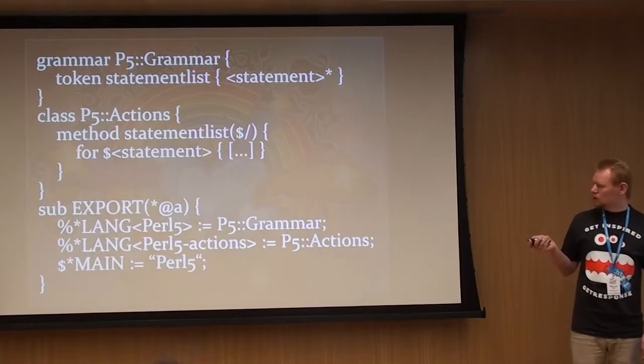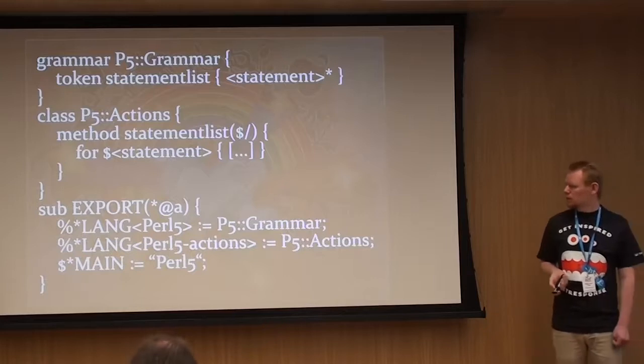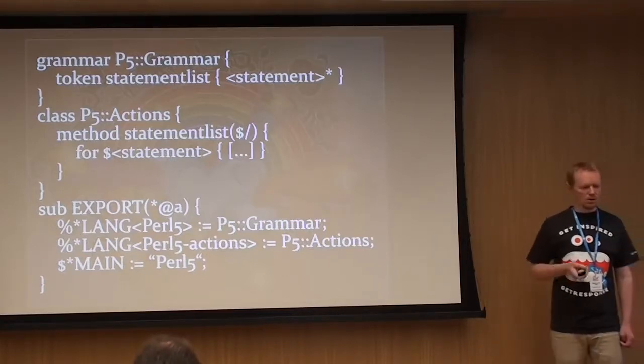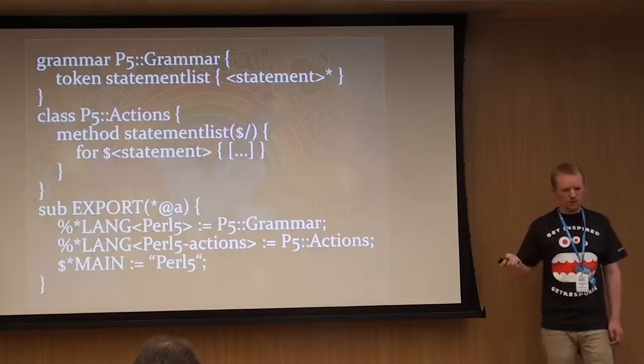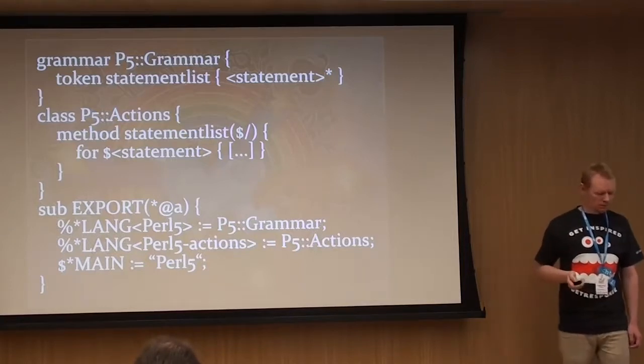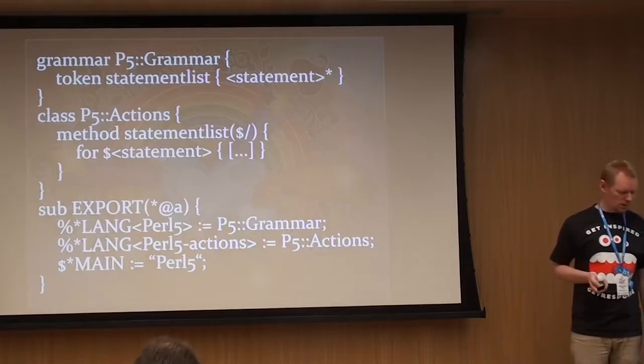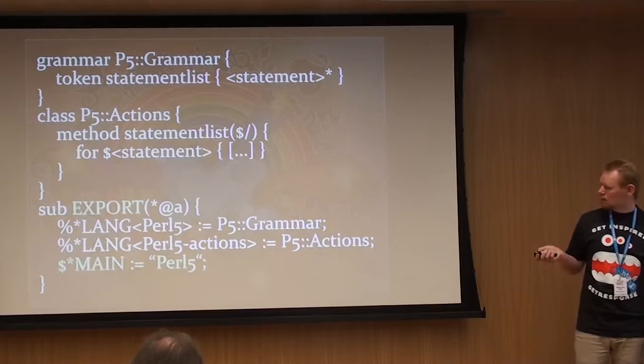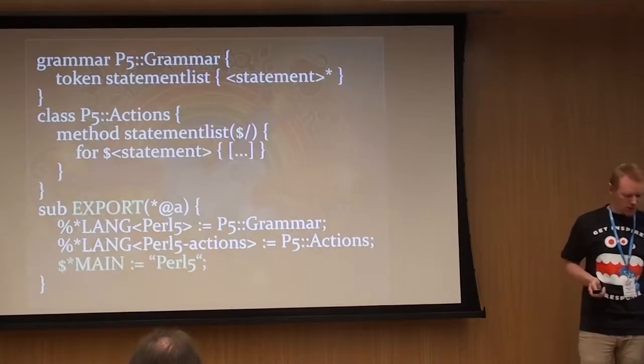This one shows the Perl 5 into this main variable. And this is an export subroutine, so every time you say use v5, this subroutine gets called. So every time you write it down, you switch the language. So these are the most important things at this point.